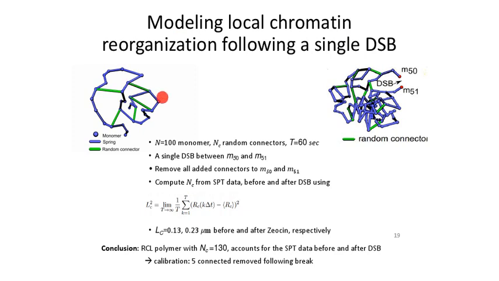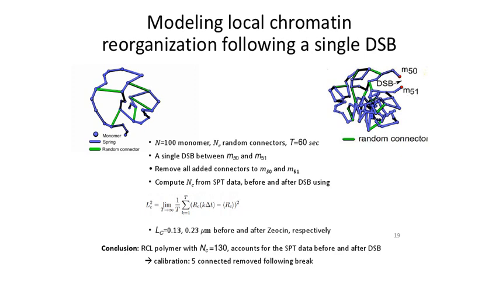By adding connectors on the Rouse polymer, the polymer model becomes more condensed. Then to simulate a double-strand DNA break, the link between monomer 50 and 51 is removed, as well as the green connectors.